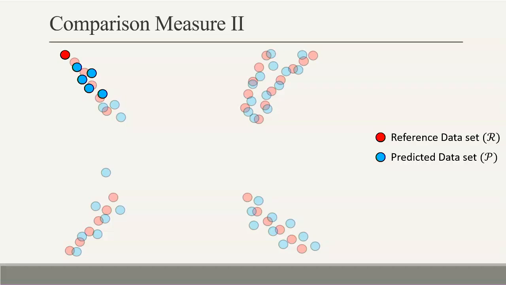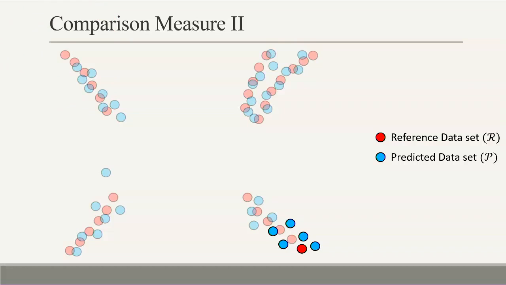Here I use 5. I assume the first point of the reference set. I'm looking at the 5 nearest points to it in the prediction set, and I'm measuring the radius of the circles that contain all these nearest neighbor points. Look at the second point, do the same, measuring the radius of the circle.